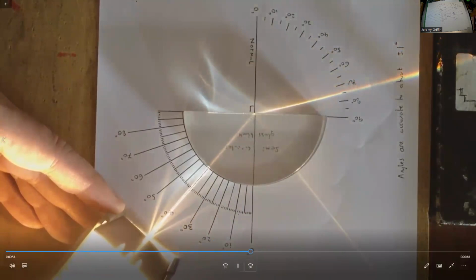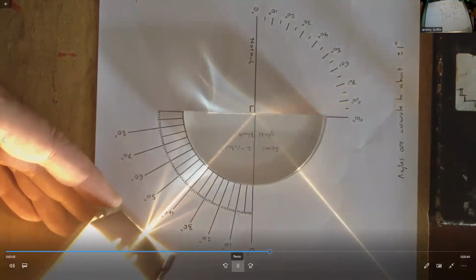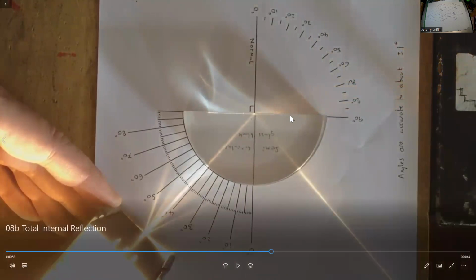There's 40 degrees, and then a little over 40. You guys see at 42, it went to 90 degrees up here, and then after that, you get total internal reflection. You guys see total internal reflection? That's actually the title of this video, or at least what I called it. So if you shine it at like 50 degrees, there would be no refraction at all.